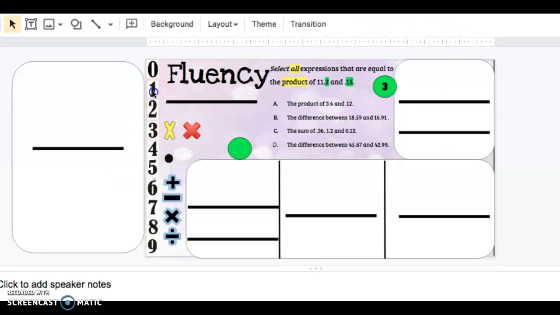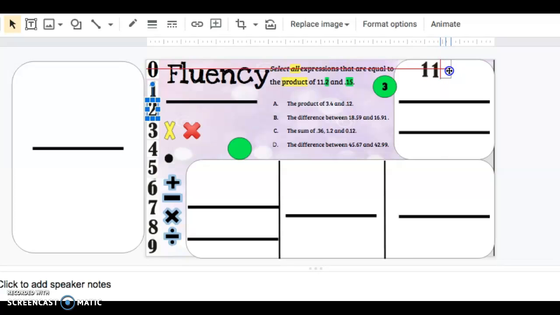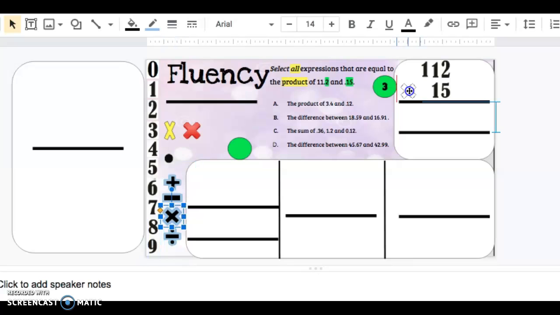So now I'm going to begin to multiply. So I start off with 1, 1, 2, and then I do 15, 1, and then 5. And I know I'm multiplying, so I'm going to put my times sign.